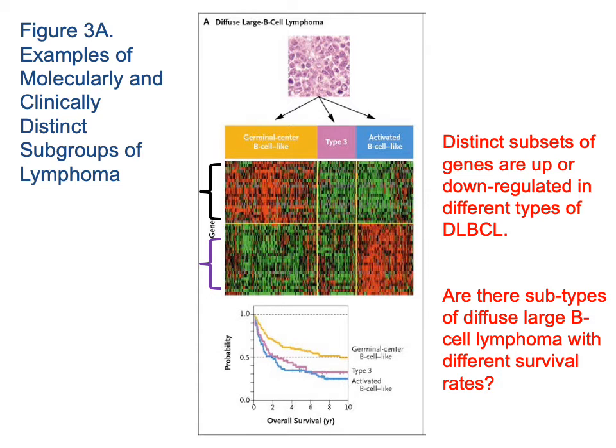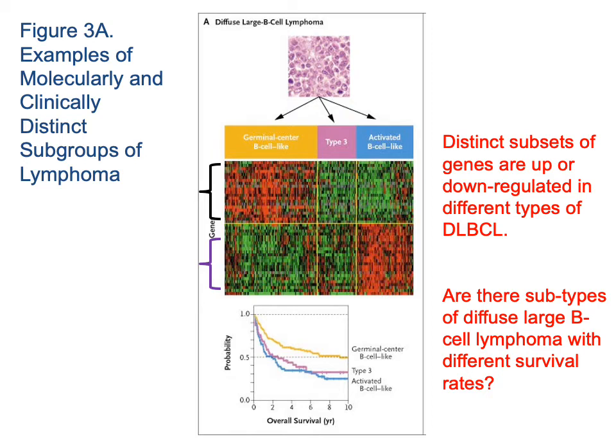But after this microarray experiment, what we're going to see is that they can now be categorized into three different groups. In orange, there's the germinal center B-cell-like group. Then in purple in the middle is type 3. And then in blue is the activated B-cell-like group. And what you can see is that each of the groups has a different pattern for these two groups of genes.